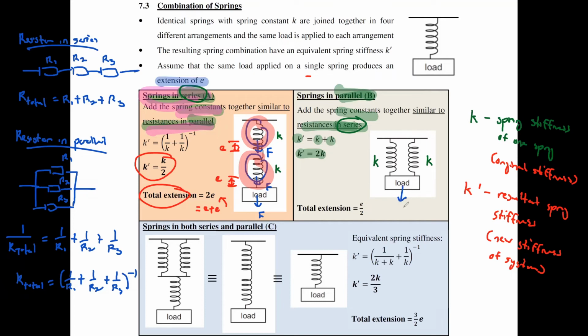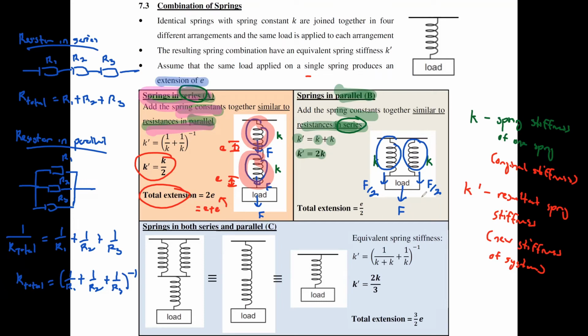If this is force F, this force F is actually being supported by these two springs. So this spring will take F over 2, this spring will take F over 2. The load is split up equally between both springs.